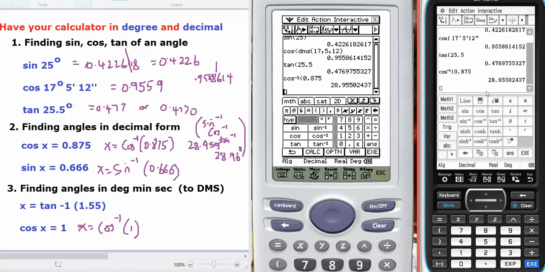0.875, execute, same answer. If I'm looking for the inverse sine of 0.666, execute, 41.759 becomes 41.76.